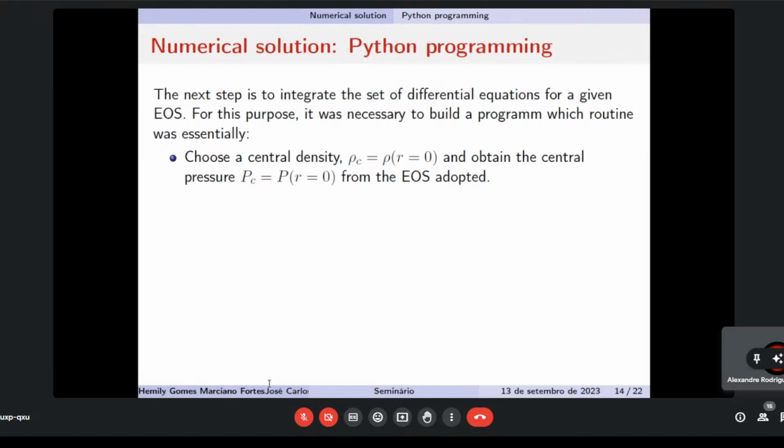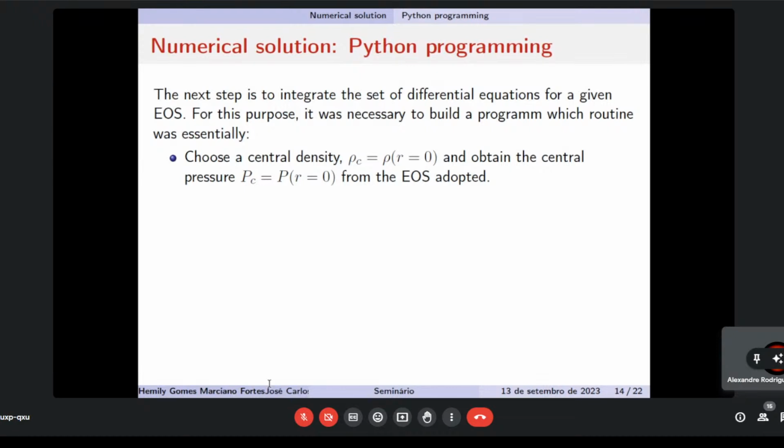So we built a program whose routine was essentially this one. First, we have to choose a central density, for example, rho_c. We can call it this way. rho_c is the density in the center of the star when r is equal to 0.